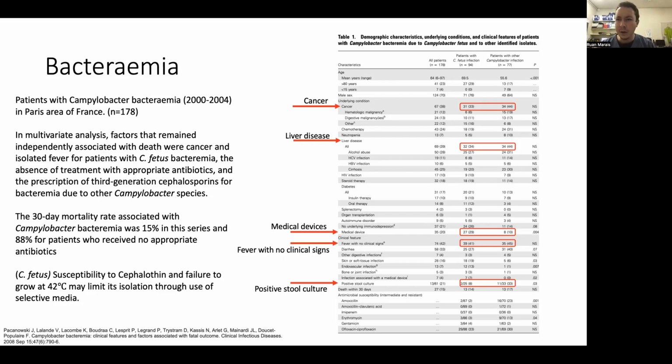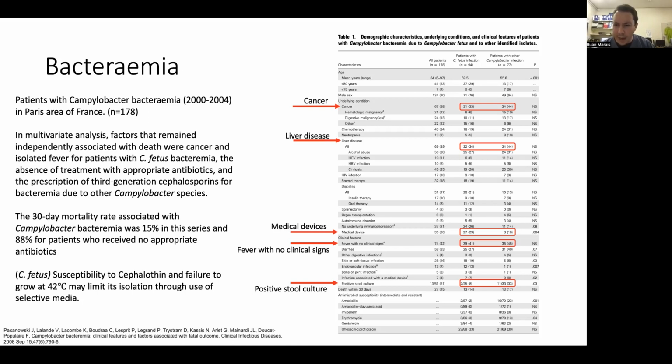The critical risk factors that I wanted to point out on the graph are underlying malignancy, liver disease, and medical devices. If you look at the fetus column, 33% of those patients had an underlying malignancy, 34% had liver disease, and 29% had medical devices. And age was also a major factor, with 29% being older than the age of 80.